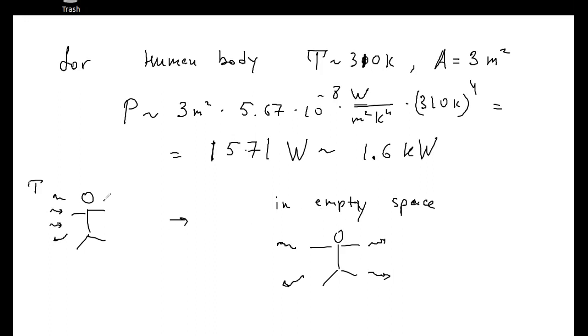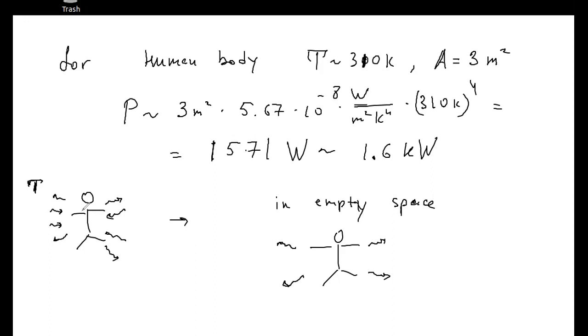Well, still there is a certain difference, right? Because, for example, what temperature do we have now, like 20 degrees Celsius? But it's going to be a very small difference. So my ambient temperature is lower than my body temperature? Yeah, let's say like 290 Kelvin.